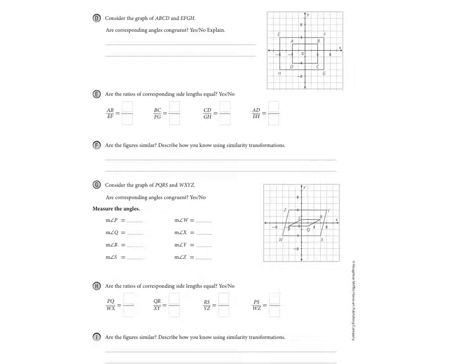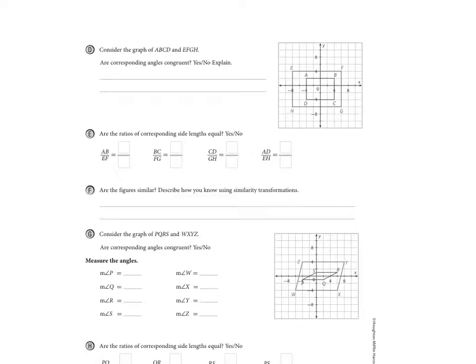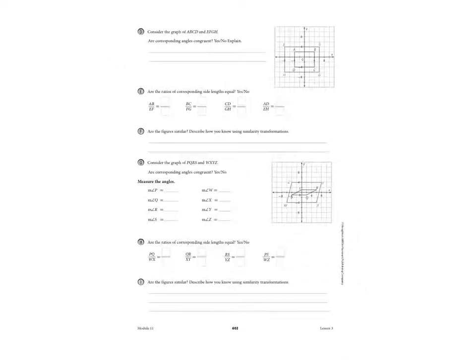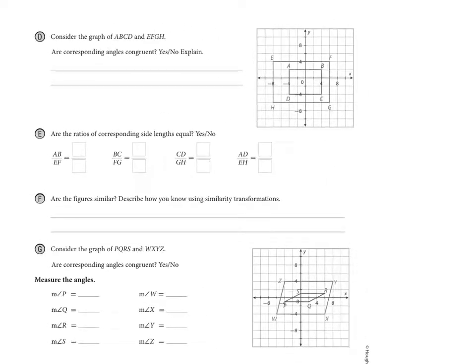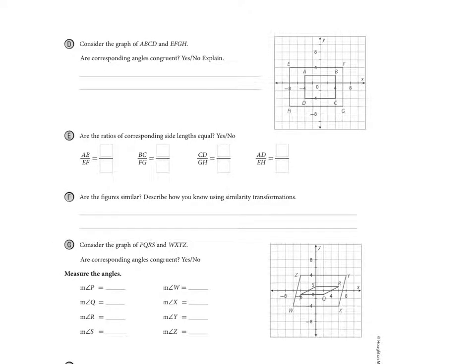Okay, so let's consider this graph at the top of page 602. We're going to look at these two graphs, and it wants to know if these angles are congruent. Those are two rectangles, and we know in rectangles that all the angles are 90 degrees. And so, yes, those are congruent.